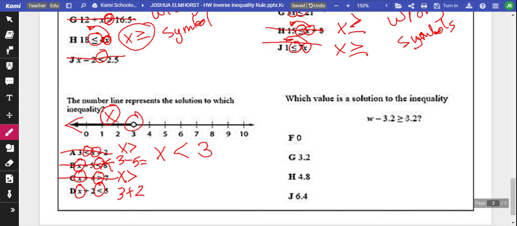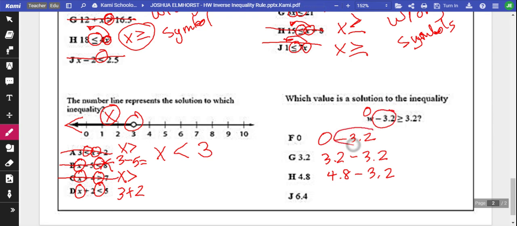All right, solution to the inequality. So if we put in 0, so 0 minus 3.2, 3.2 minus 3.2, 4.8 minus 3.2. So all we're doing is we're taking that minus 3.2 and we're checking to see which one is true. 6.4 minus 3.2.